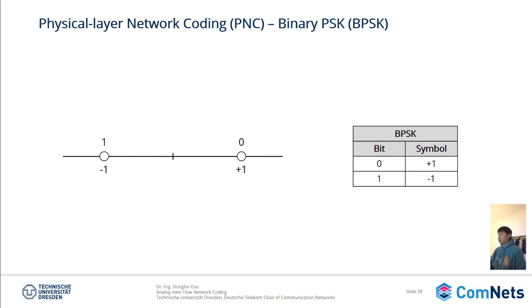Of course, you can change the mapping rule, like binary 0 is -1 and binary 1 is +1. You can choose one of them. Since BPSK is just one-to-one mapping, it transmits 1 bit at one time slot.